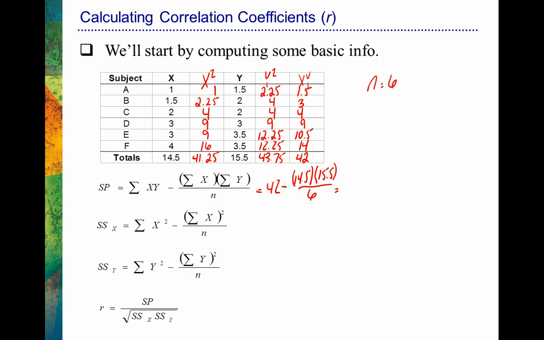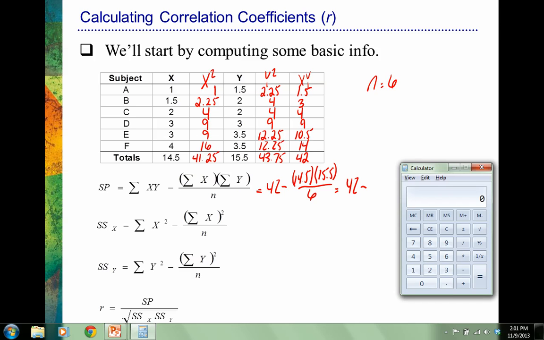We're left with 42 minus, let's pull out our calculator here and help ourselves out. We need 14.5 multiplied by 15.5. That equals 224.75. We're going to take this and divide it by 6.